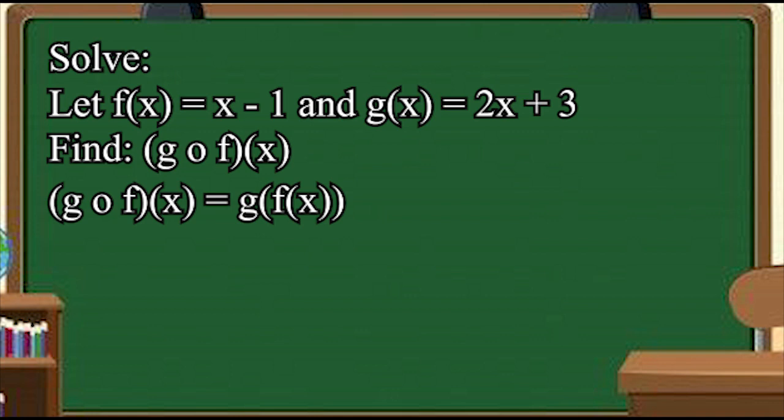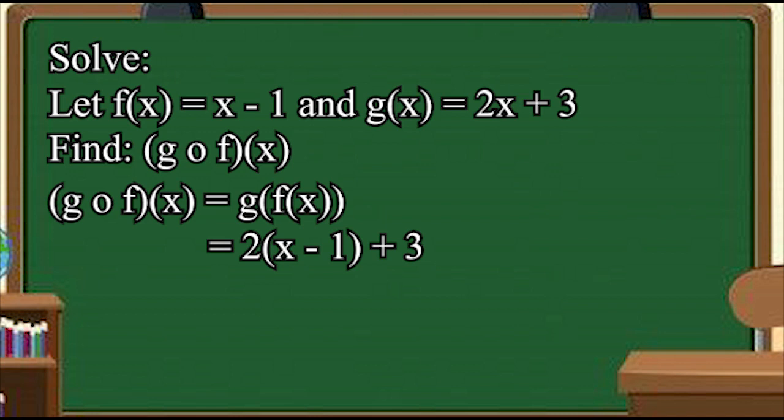This time, you need to replace the x of the function g of x equals 2x plus 3 by the function f of x equals x minus 1. We now have g of f of x equals 2 times the quantity x minus 1 plus 3. To simplify it, multiply 2 by x minus 1.